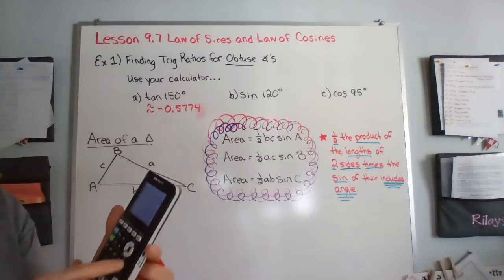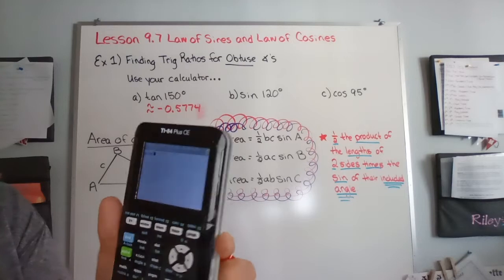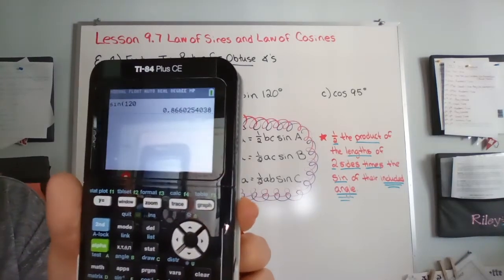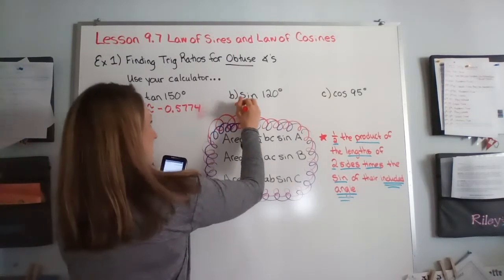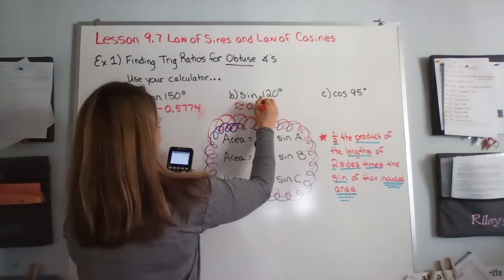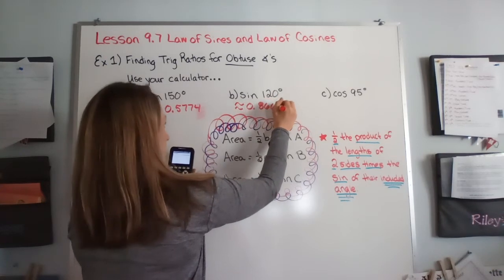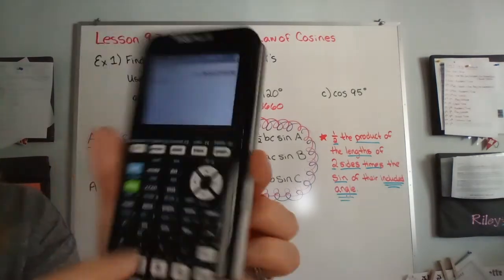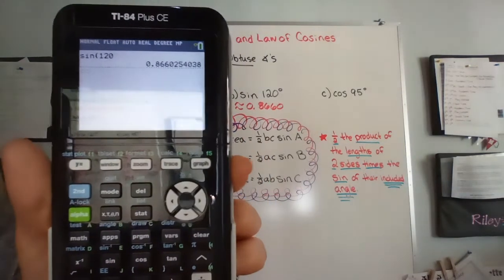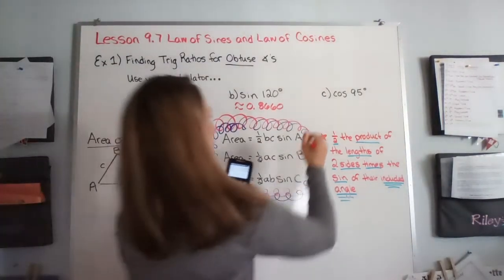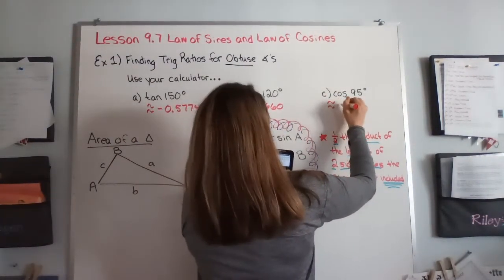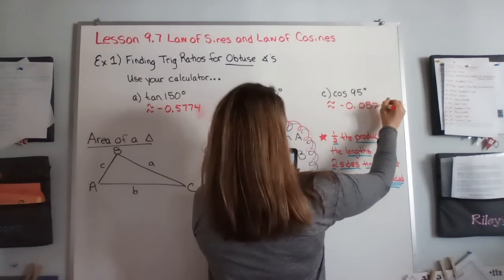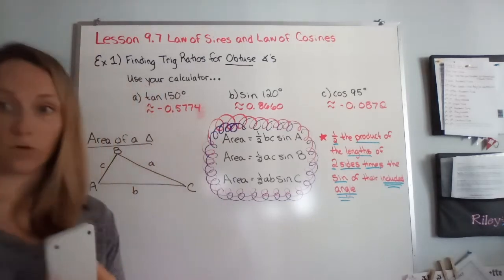The next one, sine of 120, and we get approximately 0.8660. And then finally, cosine of 95, and we're going to get approximately negative 0.0872. We round to the 4th decimal place.